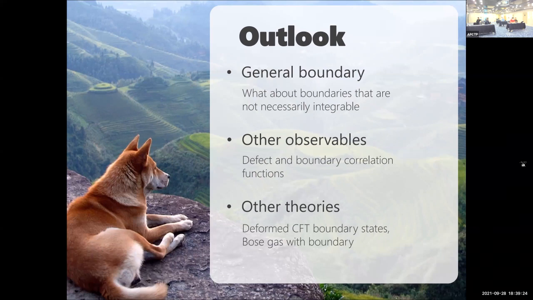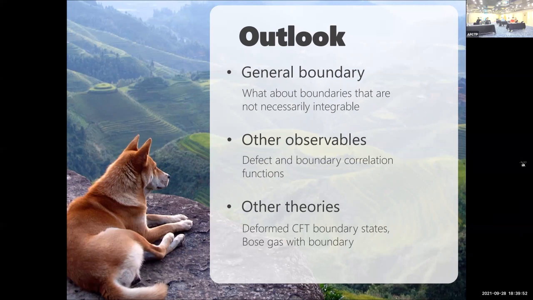Can you say again the last comment? So I want to say that TTbar deformation is probably much more general and goes beyond integrability, because it is triggered by the stress energy tensor, and the stress energy tensor does not depend on integrability. But these higher charges will depend on integrability, so they are more specific to integrable systems. I see.